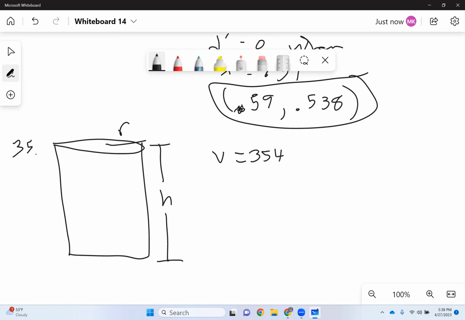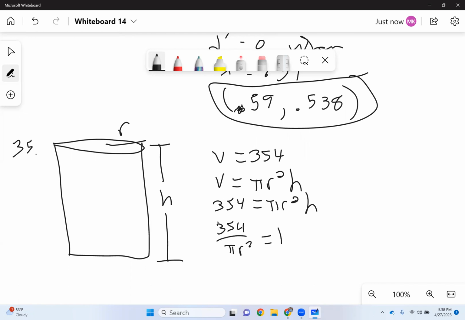And the formula for volume is pi r squared h. So 354 equals pi r squared h. Divide both sides by pi r squared, and we get 354 over pi r squared equals h.